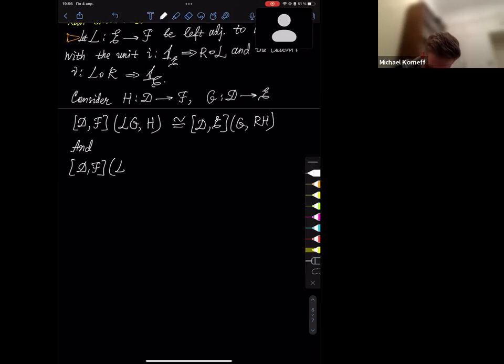Consider a natural transformation between these functors, we move L like this, and we will have the following bijection.